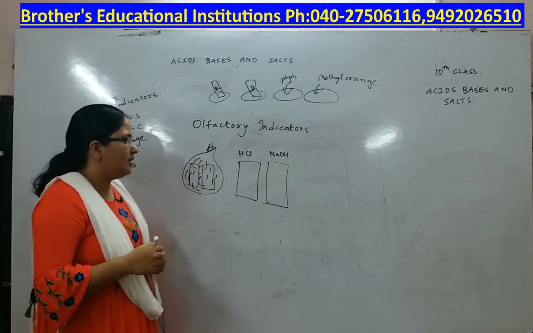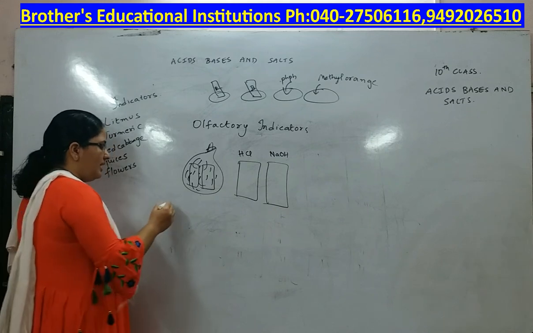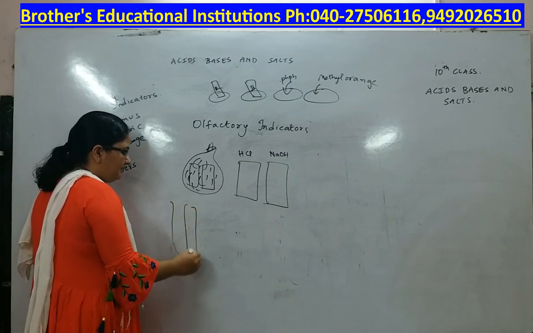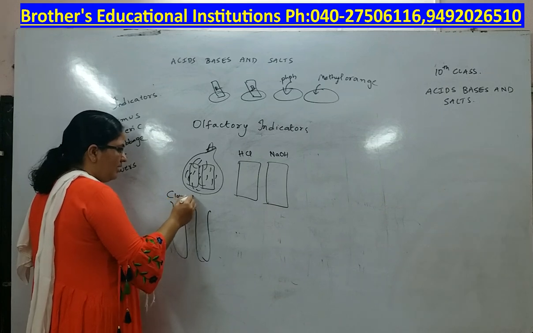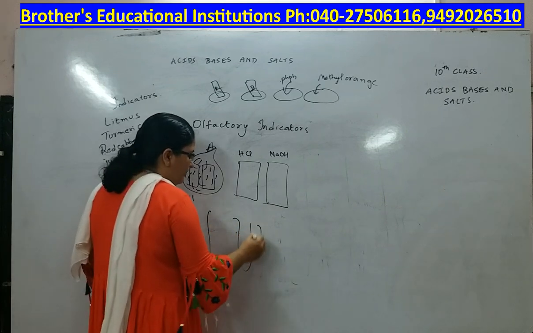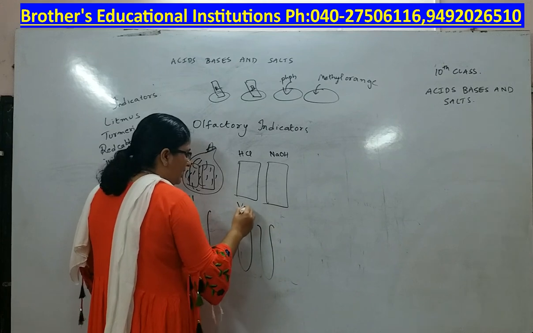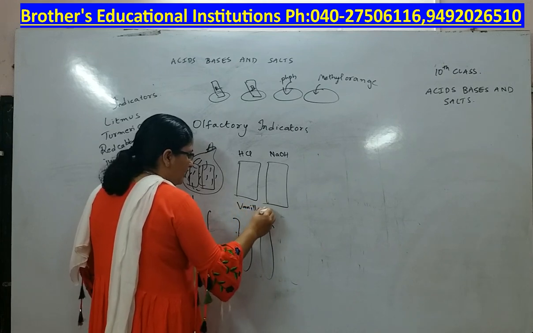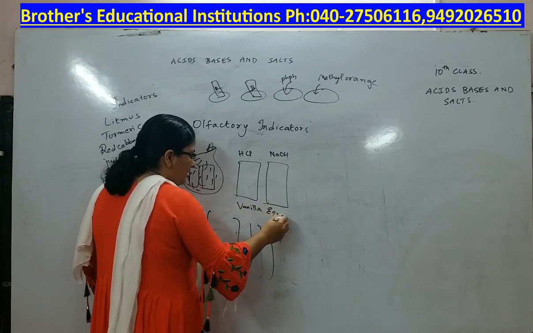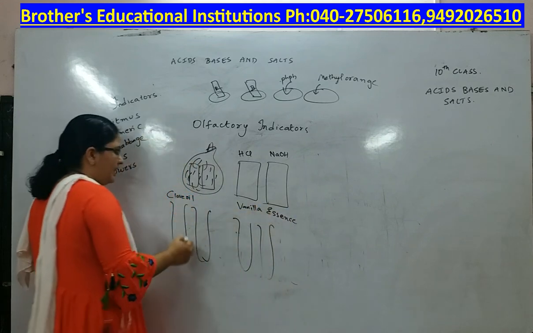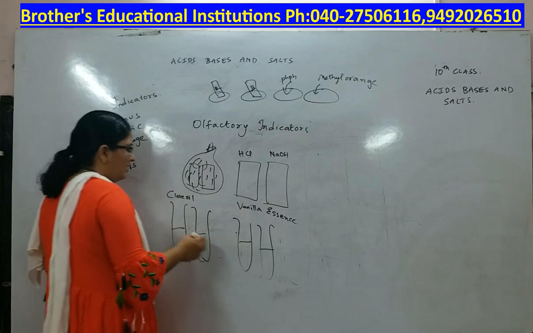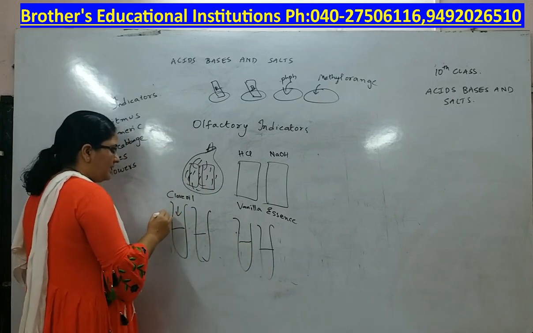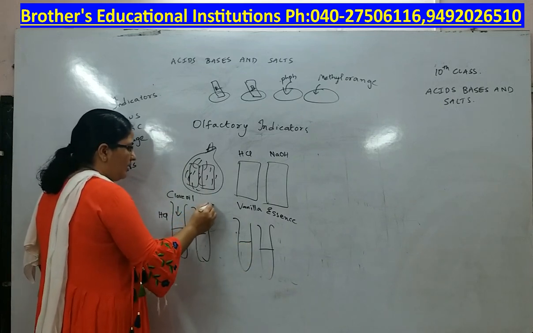Next, in 2 test tubes take clove oil. In 2 other test tubes take vanilla essence. Now to one you add HCl, to another you add NaOH.